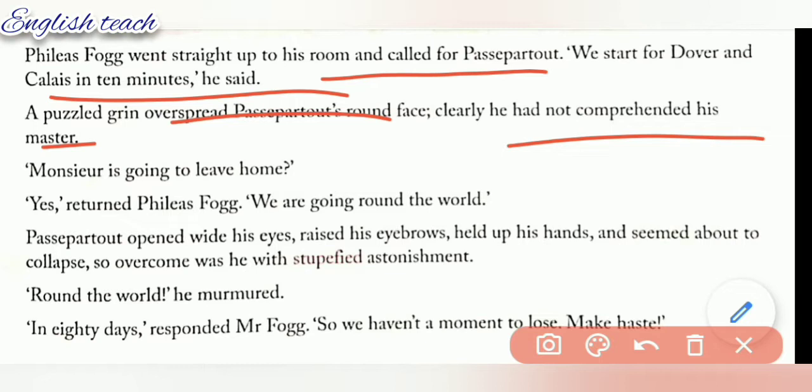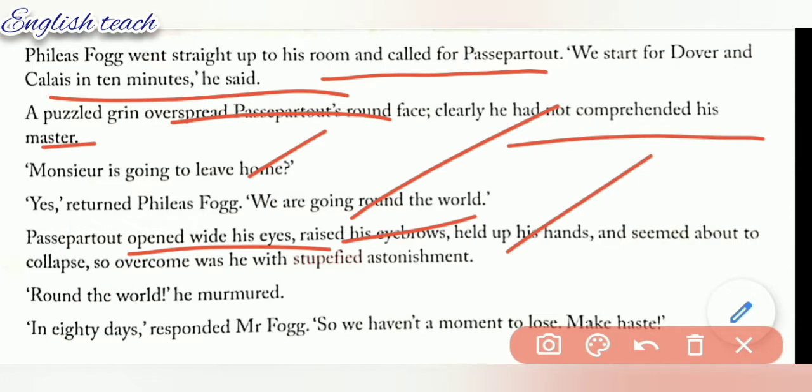And then they started the journey and left the home. Fogg informed the servant, "We are going around the world." Passepartout opened his eyes wide, very shocked, raised his eyebrows and held up his hands, overcome with astonishment.